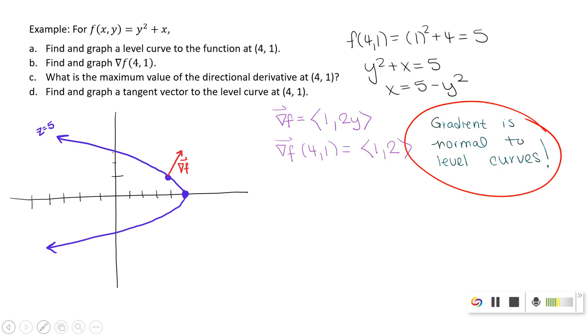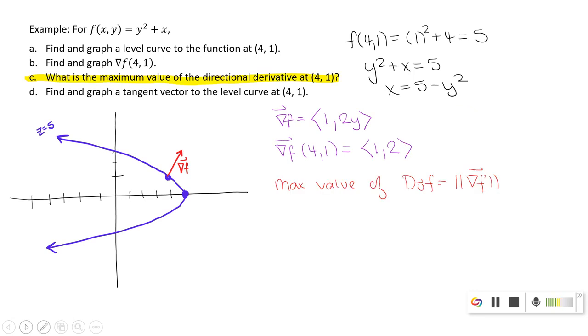So without actually having to find the directional derivative, I know that the maximum value is going to be the magnitude of that gradient vector, which is the square root of 1 squared plus 2 squared, or root 5. So the maximum value of my derivative occurs in the direction of that gradient vector and has a magnitude of root 5.